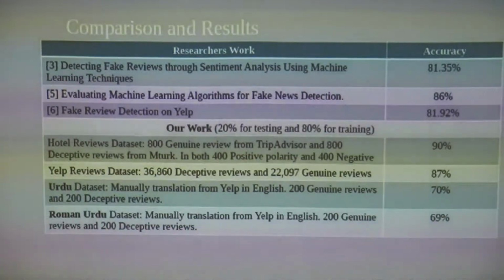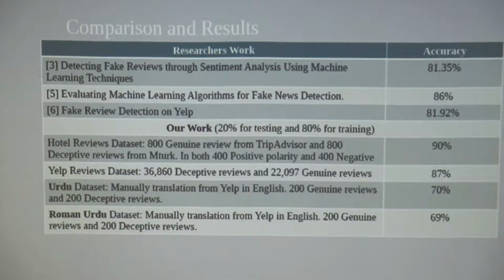Then the results, compared with the other approaches that we analyzed in the paper, are better than the other techniques used. We use 80% of our reviews for training and 20% for testing.